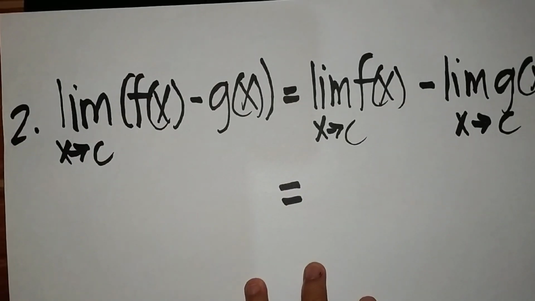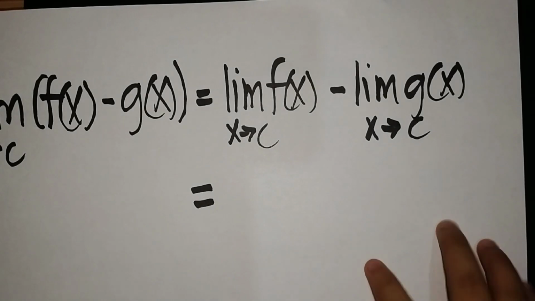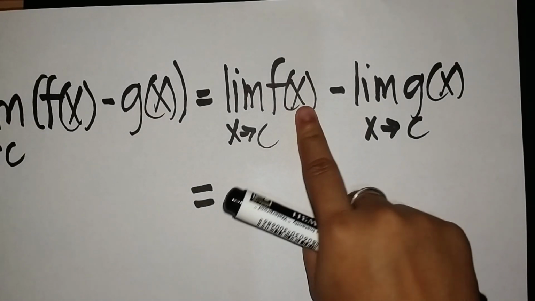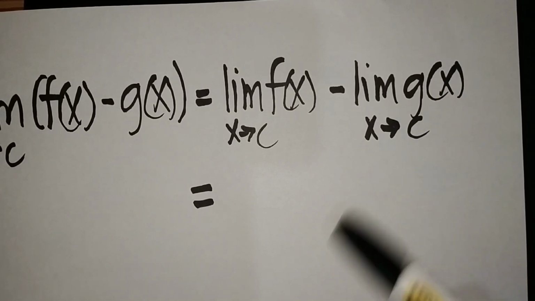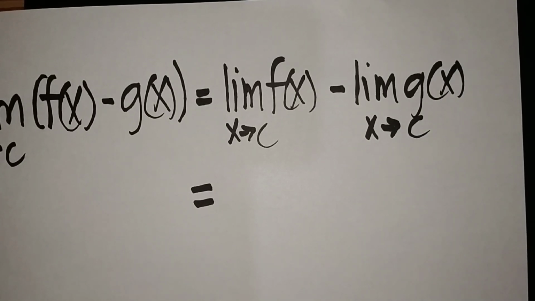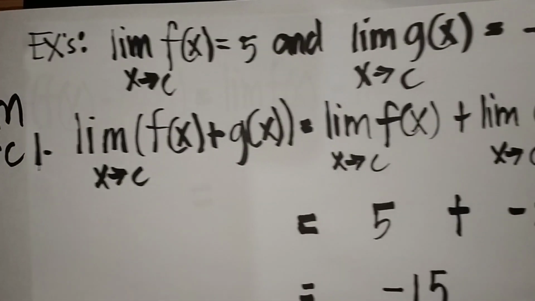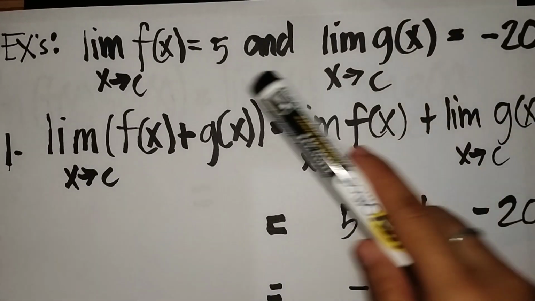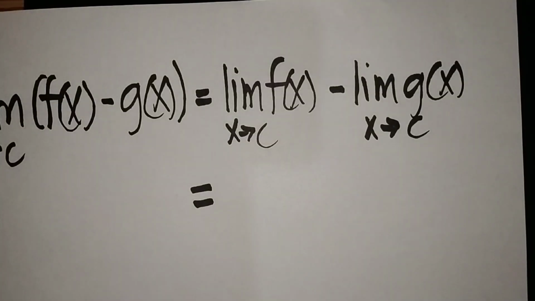For our second example, we have the limit of f of x minus g of x as x approaches c, which is equal to the limit of f of x as x approaches c minus the limit of g of x as x approaches c. As we have discussed in the previous example, the limit of f of x is equal to 5, and the limit of g of x is equal to negative 20.